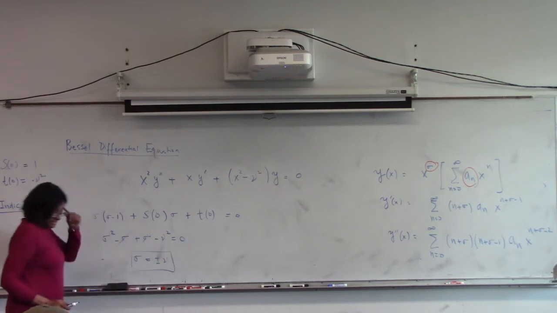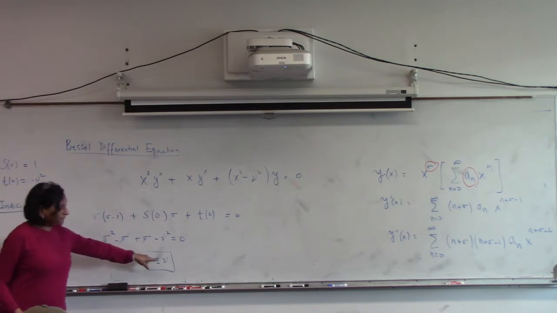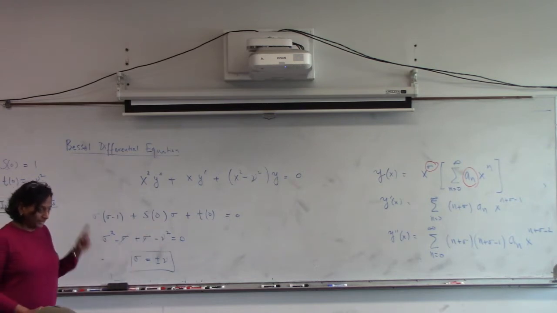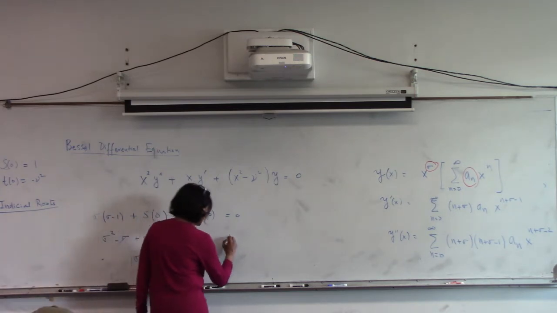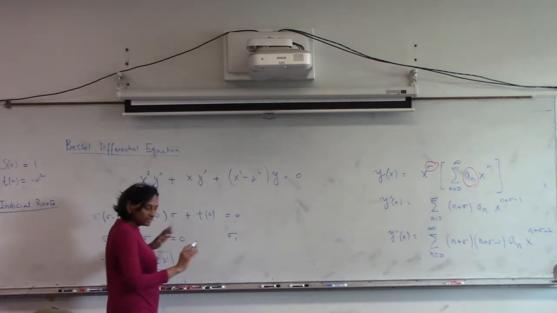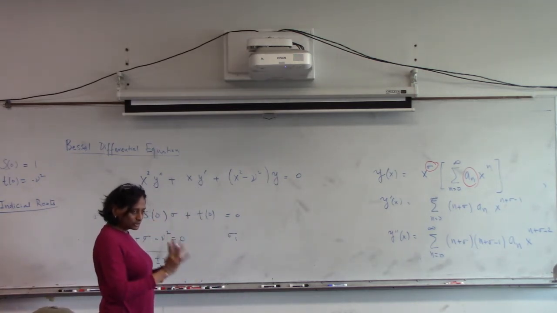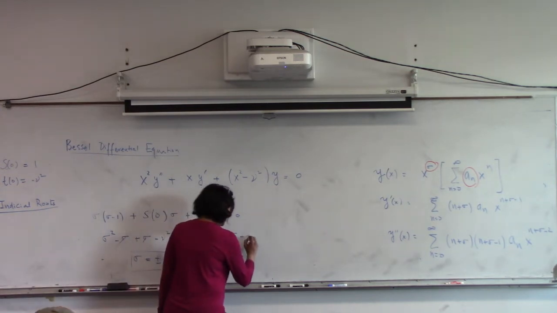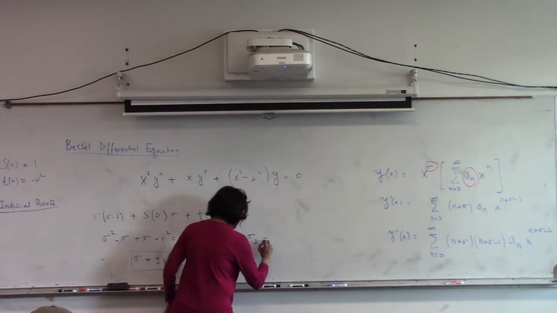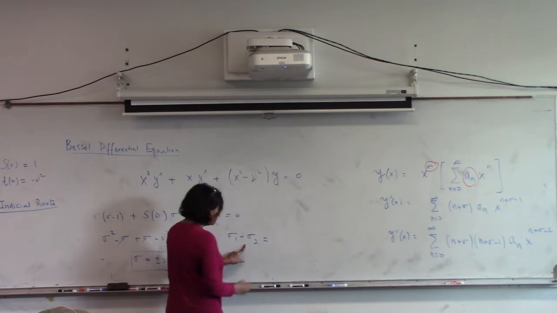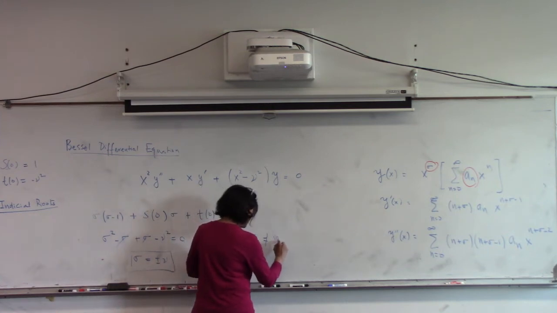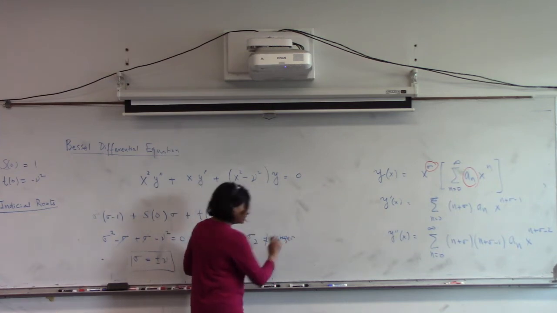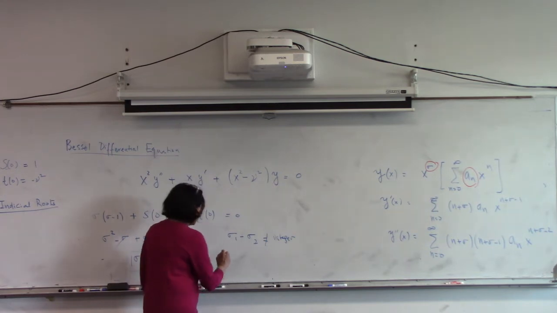If mu were real, and not just that, if they're plus or minus a half, we still have a problem; we may not get two independent solutions. What Fuchs' theorem says is that if the difference between the roots is not an integer, then you can get two independent solutions.